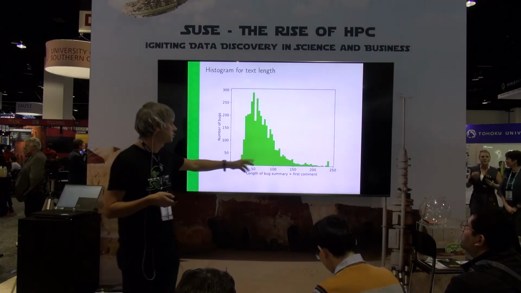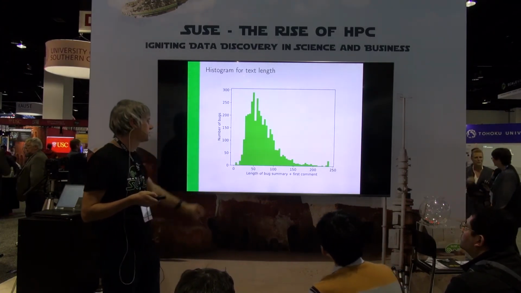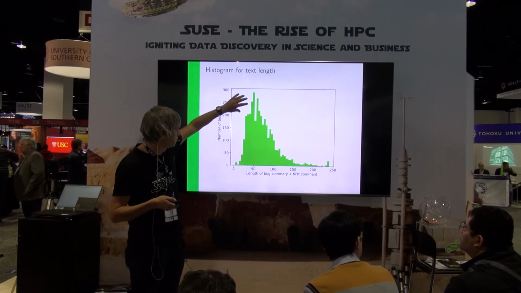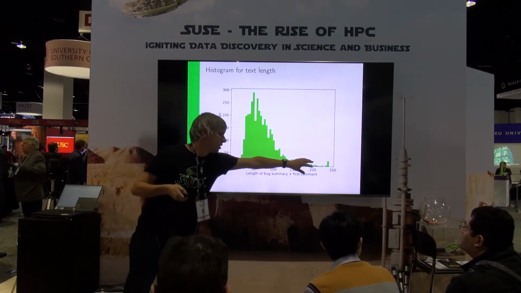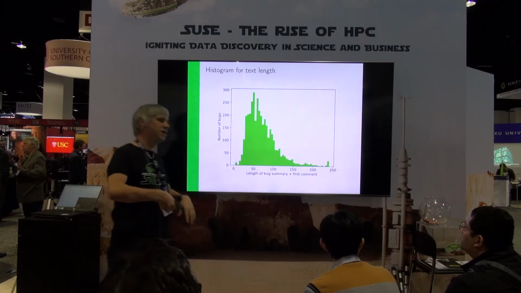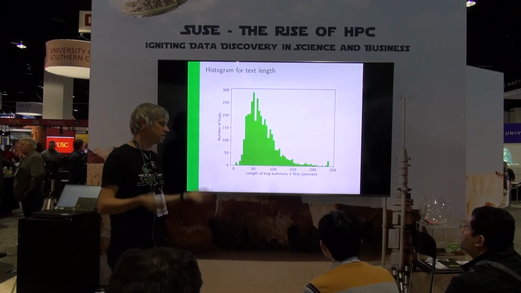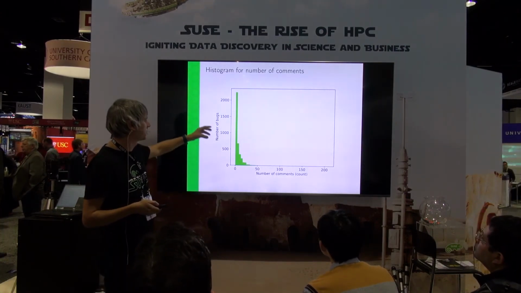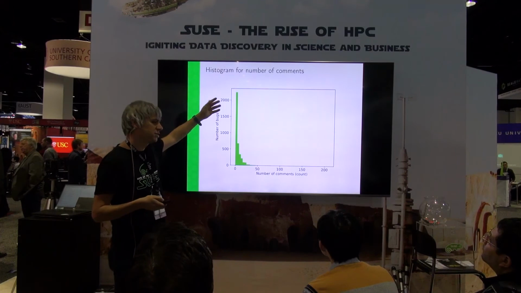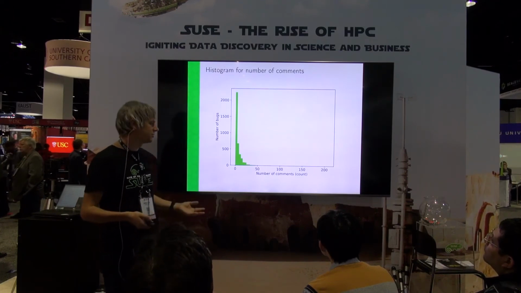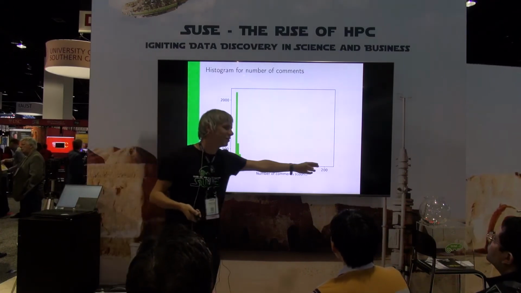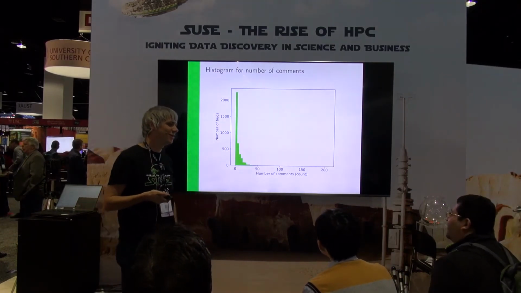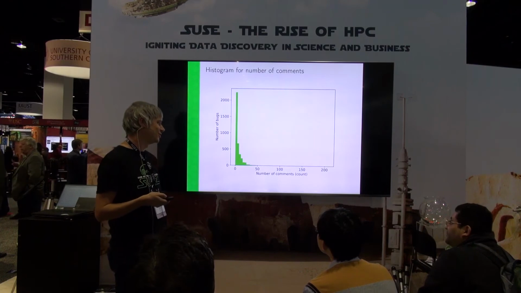So this is now just a bit of the data. This is a histogram of the text length. There are many bugs with the same text length, but there are some bugs which really have a long history and a long description. Also the number of comments: most have just 3 or 4 comments and then it's fixed, but there are some real outliers which take a very long time and very long discussions about what to do with it.